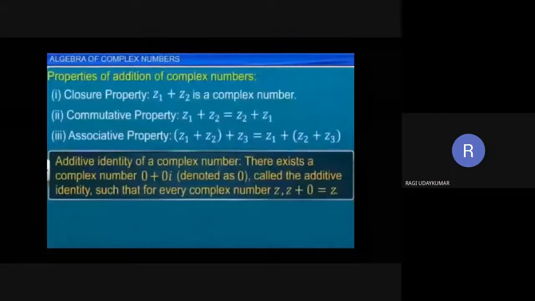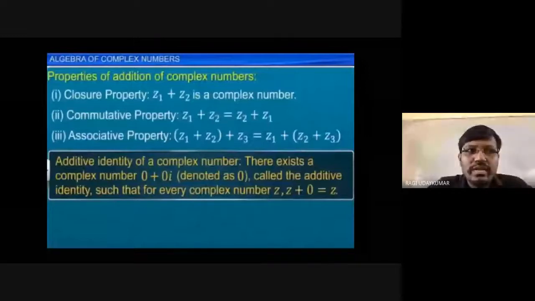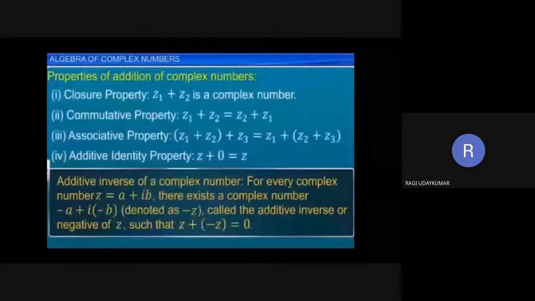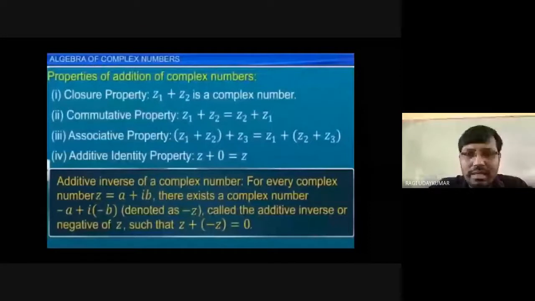Okay, let us go further. Additive inverse of a complex number. If Z is the complex number a plus ib, then minus Z is minus a minus ib, because if you add the two complex numbers, you need to get the additive identity. That is why minus Z is the complex number used.